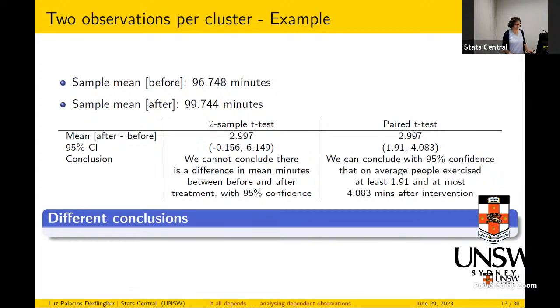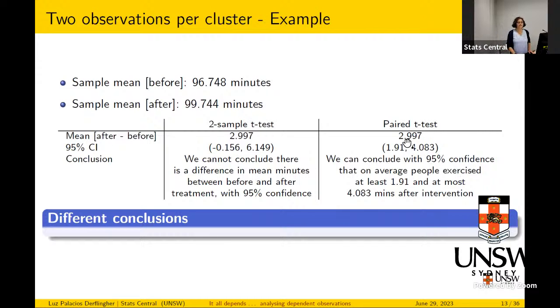So we can see that the conclusions are different, right? Now, as I was saying, the 2 sample t-test assumes that the measures are independent, which is not our case, so it shouldn't be done. Whereas a paired t-test, that's the way it should be done.